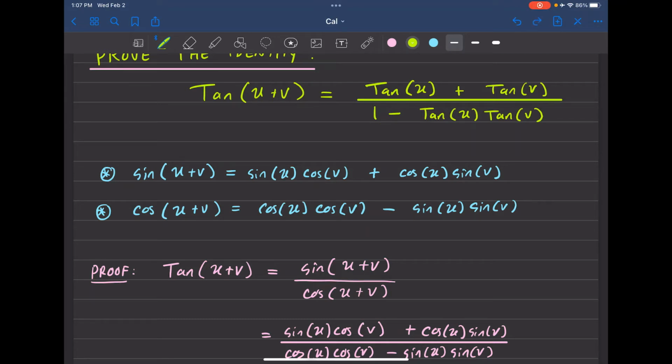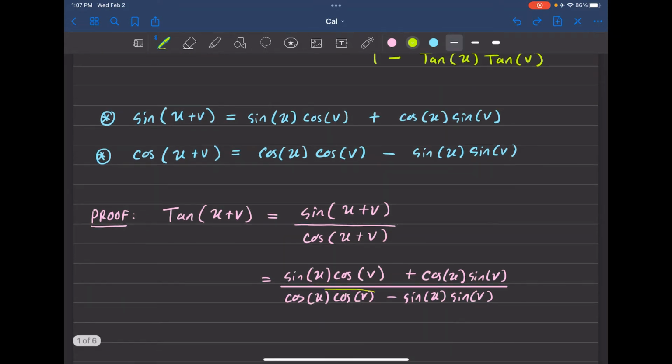If I can somehow make this a 1, then I am going towards proving that identity. So I'm going to multiply the right hand side by 1 over cosine u cosine v, because that's how I can make this part a 1.